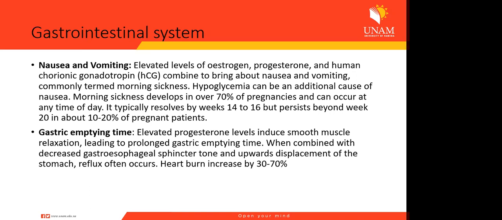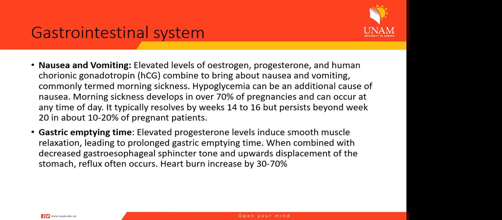Morning sickness develops in over 70% of pregnancies and can occur at any time of the day. Women that have serious morning sickness can often tell you, and even their partners, how discomforting it can be. But thankfully, it resolves by weeks 14 to 16, though it may persist beyond 20 weeks in about 10 to 20% of pregnant patients.